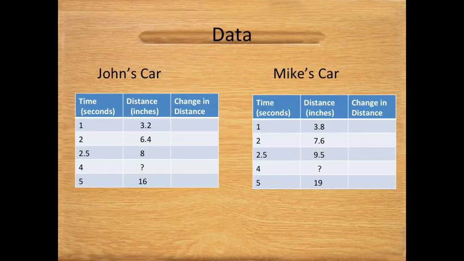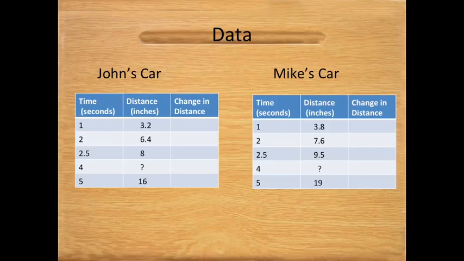Okay, here is some data that students might get, something similar to this, or something different. But here is a way of looking at the data, setting it up into a table. We look at John's car and the distance it traveled in 5 seconds, and Mike's car, the distance it traveled in 5 seconds.